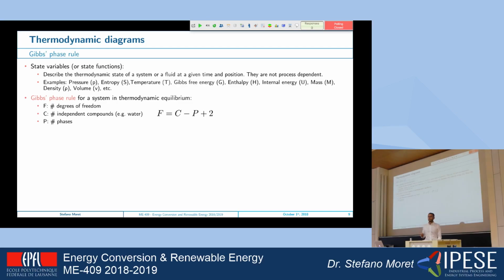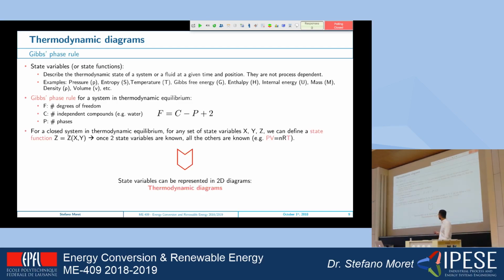So why is this number 2 important? Why is this phase rule important? It's because we can show that for any closed system in thermodynamic equilibrium, for any set of 3 state variables x, y, z, we can define a state function that relates the 3 variables, which means that if we know 2 state variables, we can calculate all the other state variables.